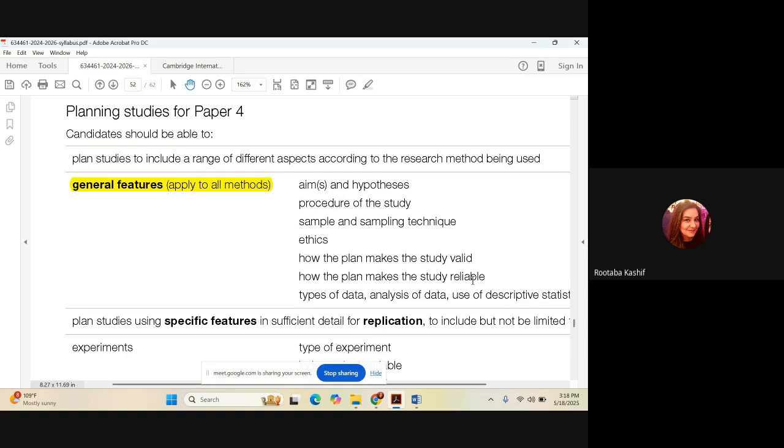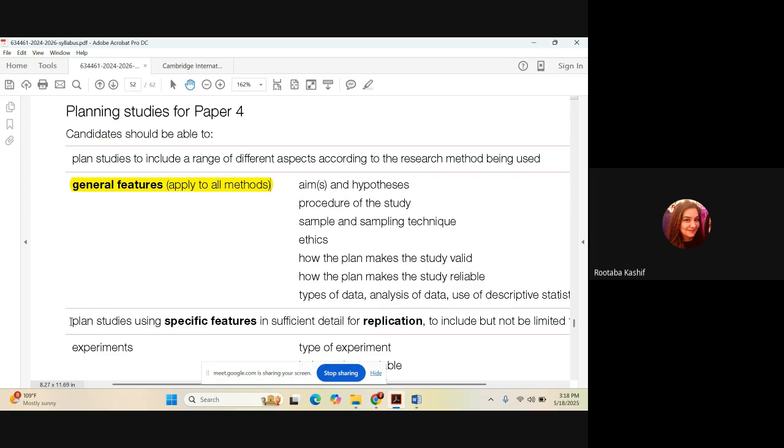How are you going to make the study reliable? What type of data are you going to collect? Is it going to be quantitative or qualitative data, or both? And then how are you going to analyze the data to see whether the aim or the hypothesis that you have outlined is supported or not? So general features have to be there in all the research methods.